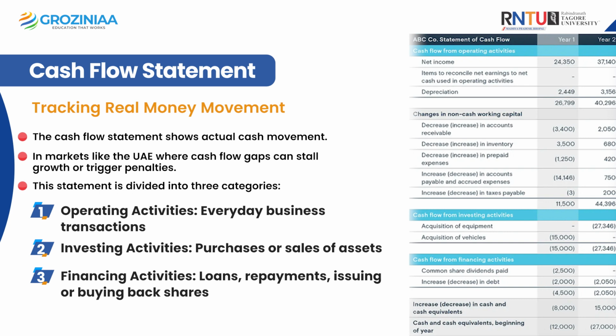Operating activities include everyday business transactions like sales, salary, rent, and bills. Investing activities cover the purchases or sales of assets like properties, machines, and equipment. Financing activities include loans, repayments, and issuing or buying back shares.